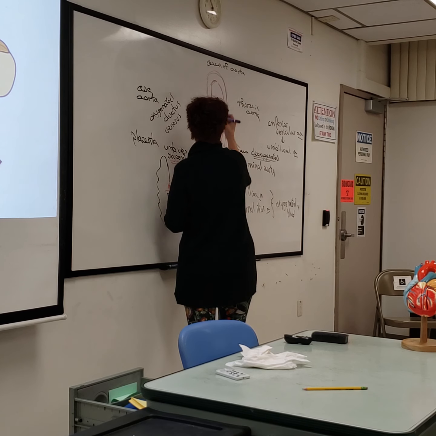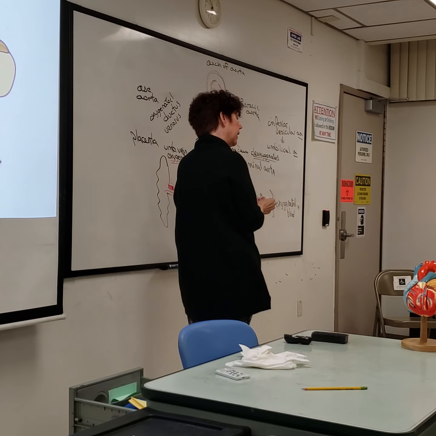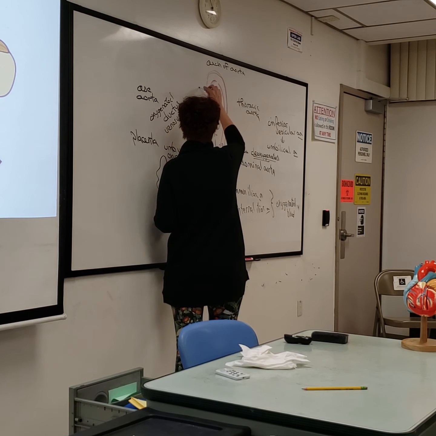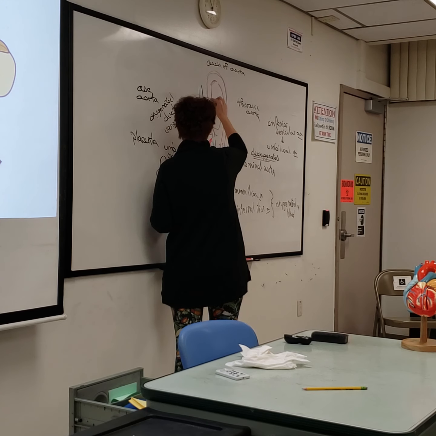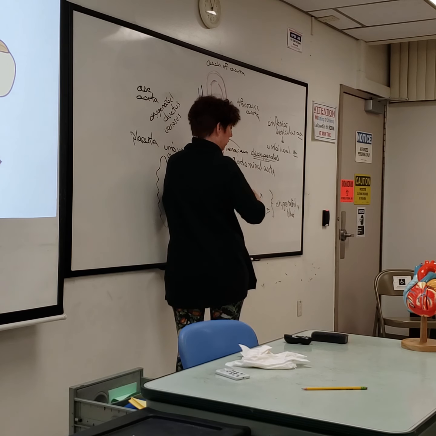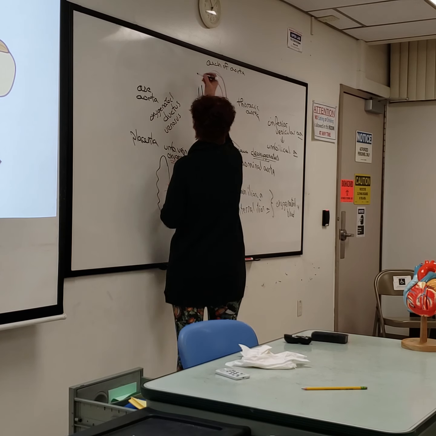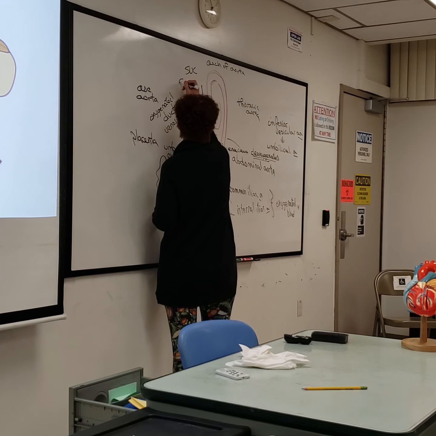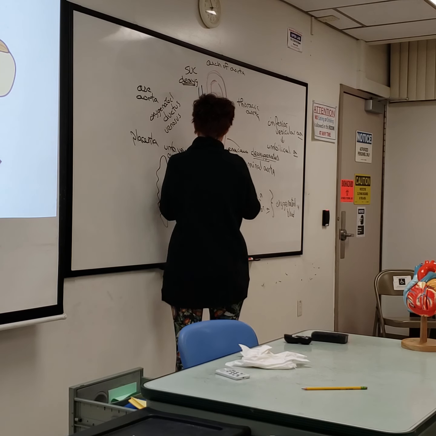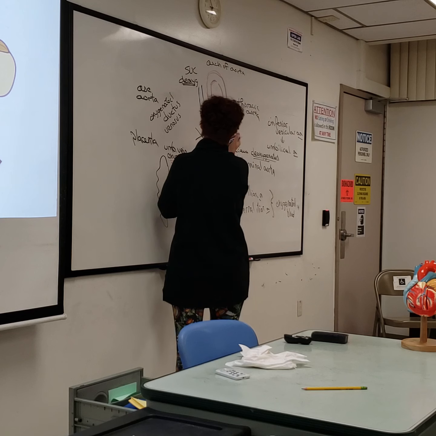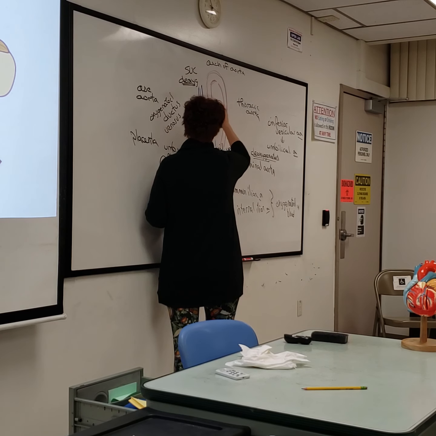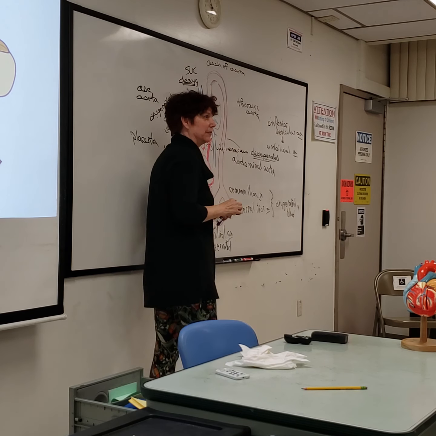Coming from the head and neck, upper limbs, we also have deoxygenated blood from the superior vena cava. And that is going to flow mostly through the right atrium into the right ventricle.